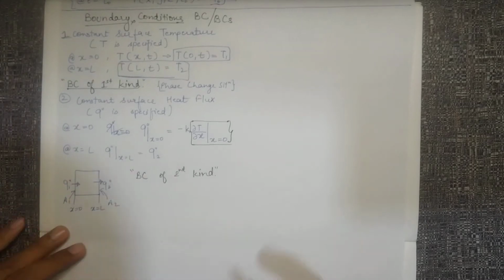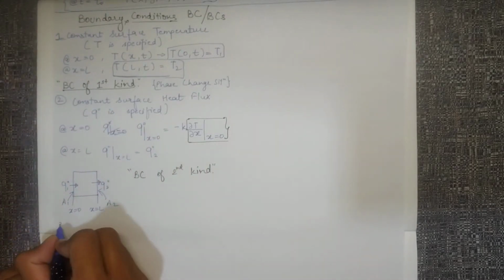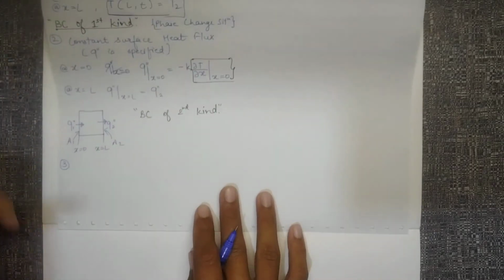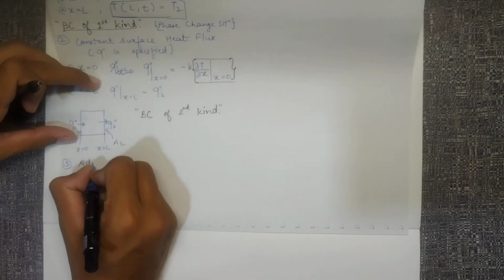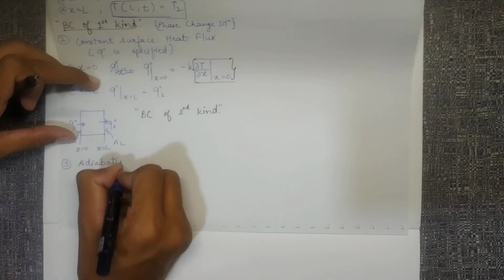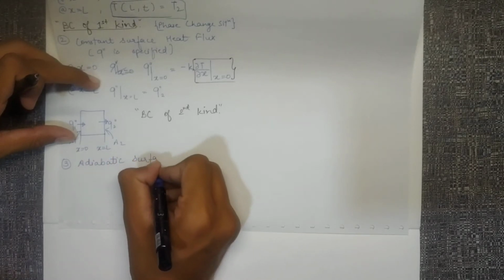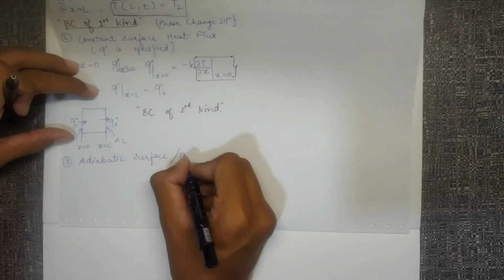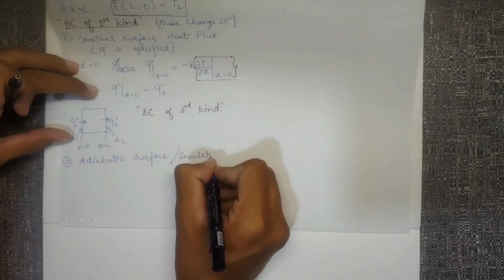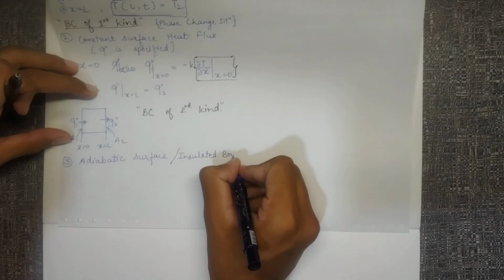Now the third condition comes, which is adiabatic surface, or we have an insulated boundary.